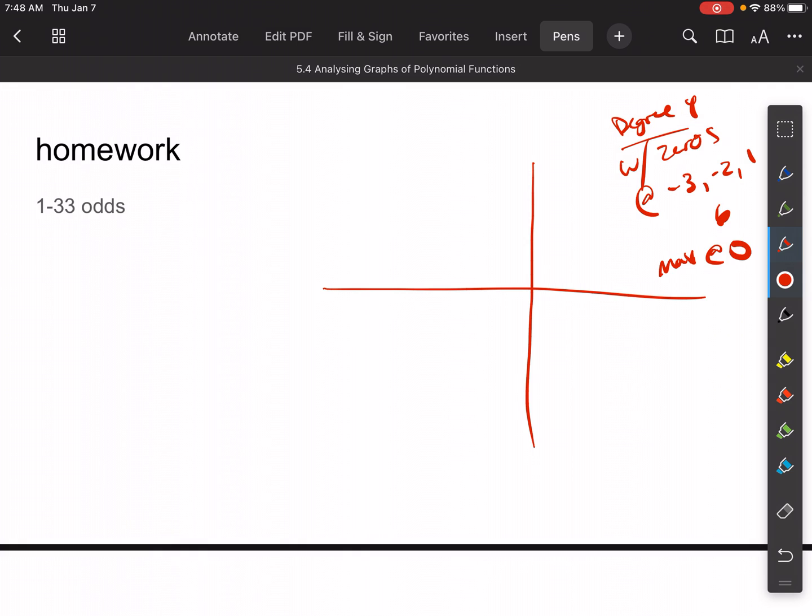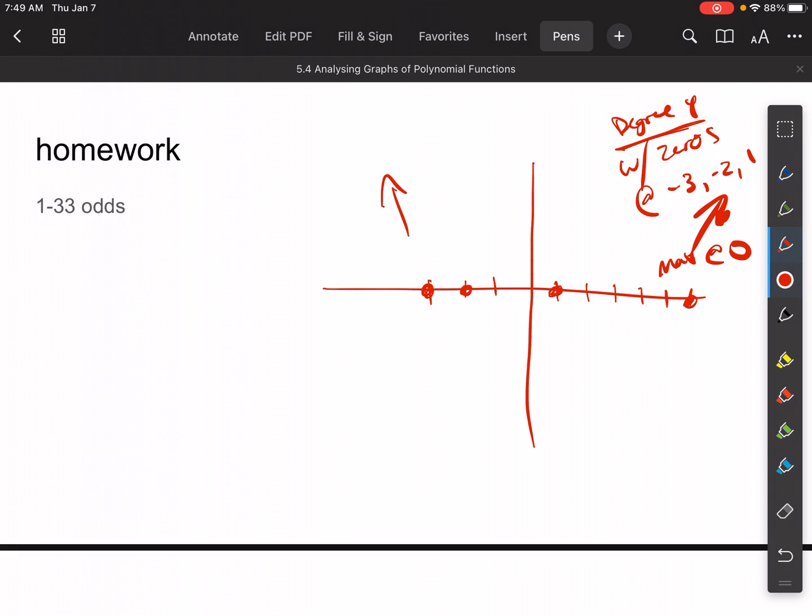Okay? So in order to do this, what I would do is I would go ahead and at the zeros, I would put points. Okay, so at -3 we had a crossing, -2 we had a crossing, at 1 we had a crossing, and then at 6 we had a crossing. I know this is a degree 4, so in this direction and in this direction we're going in the positive.